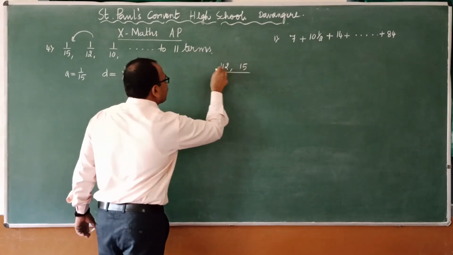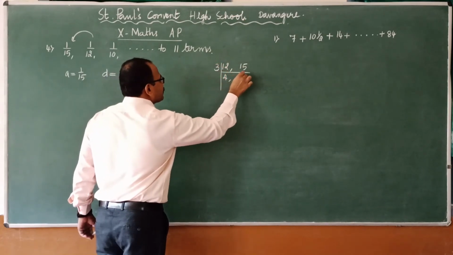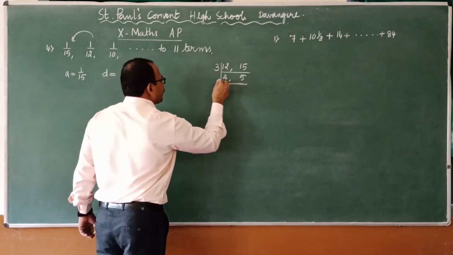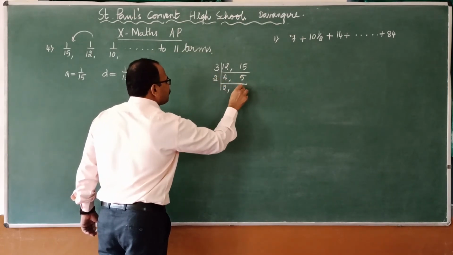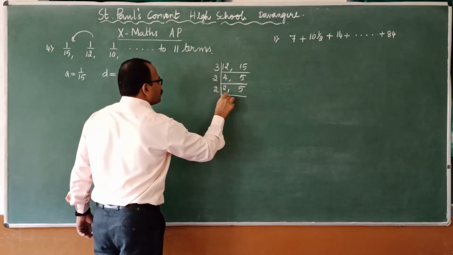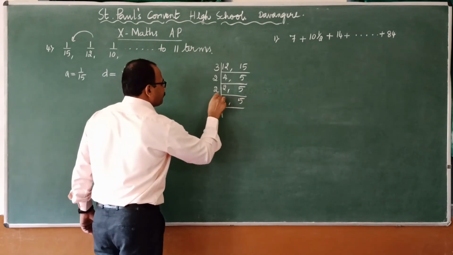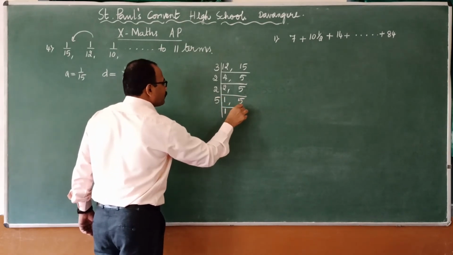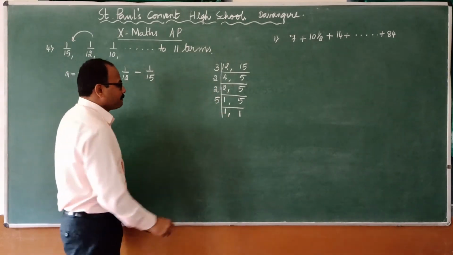These two numbers are divisible by 3, children. This is 4 times, this is 5 times. Again, let me calculate: 2 2s are 4, this 5 is as it is, children. Again divided by 2, 1 time, 5 is kept as it is. 5, this is 1, 1 time. Now multiply all the terms, and we get the LCM.